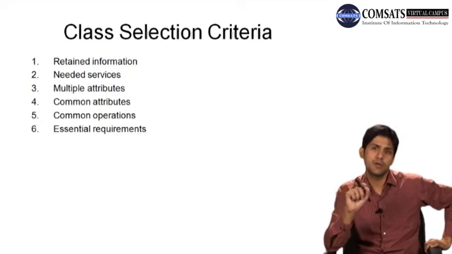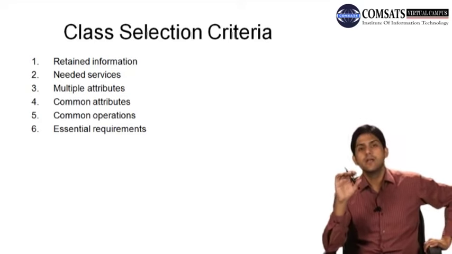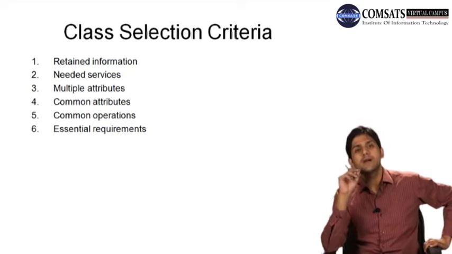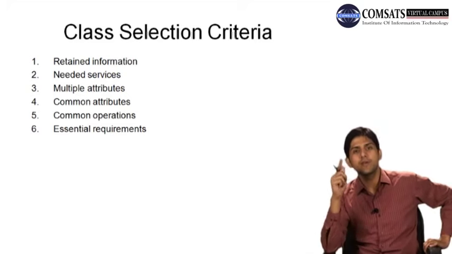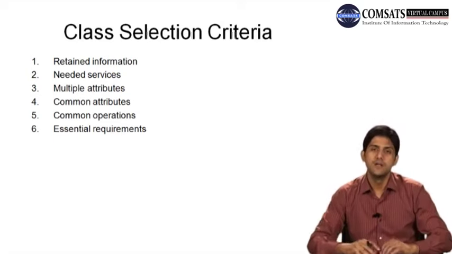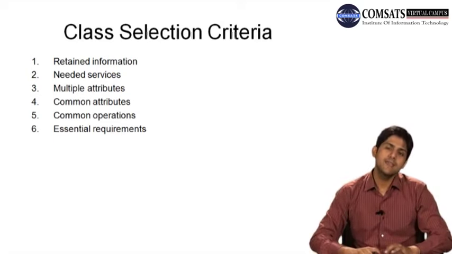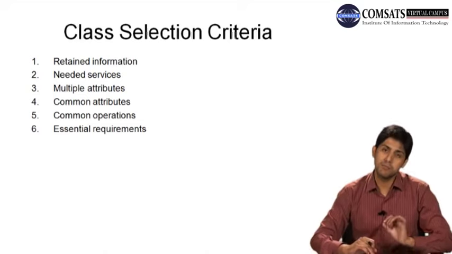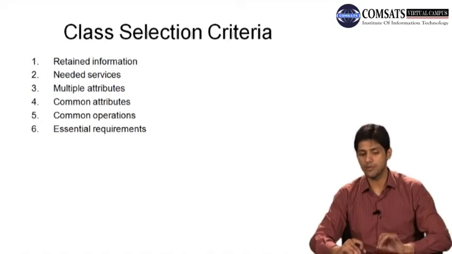It didn't say common attribute and common operation. Because if we try to make classes even on the basis of one attribute and one operation, that would mean we will have loads of classes, and then we will have lots of integration problems. So generally we say that we will select a potential class as a class in a solution if it has multiple common attributes and multiple common operations.